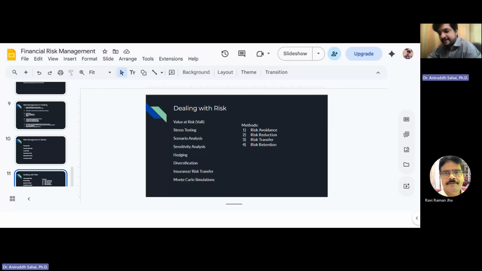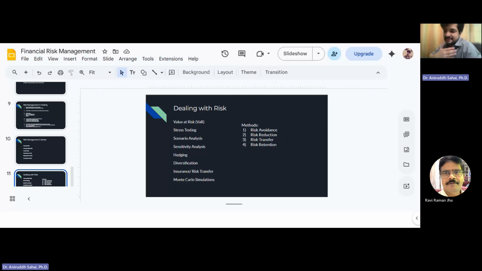You will be prepared since you've looked at the probabilities attached with various scenarios and also the expected outcome. You know the probability that this worst case scenario is likely to happen only in 5% of the situations, and you also know what is the expected loss in that particular case. Similarly, for the best case scenario, you know that there is a 5 or 10% probability attached to it, and you know what is the expected outcome, what is your expected profit in that particular best case scenario. And you also know the neutral scenario.